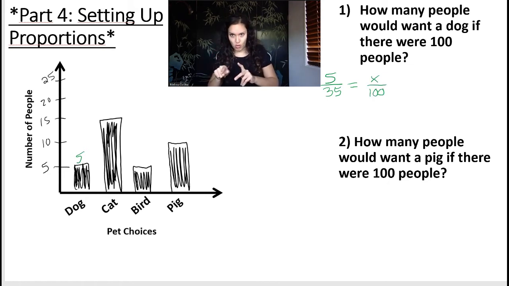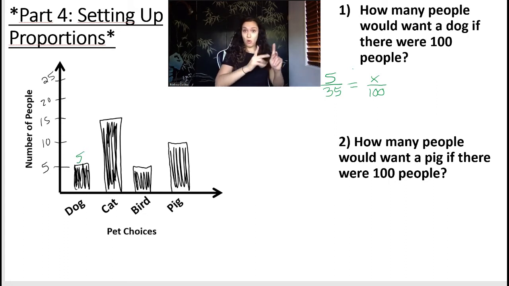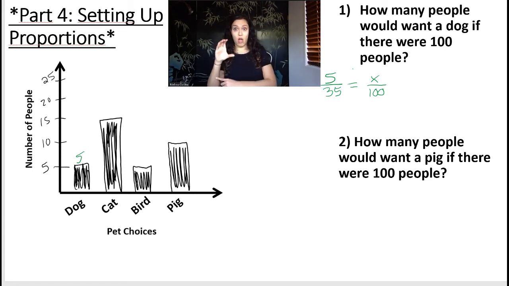If I want to think in terms of units, 5 people want the dog, so how many people would want the dog if there were 100 people? Try thinking of it in terms of units as well. That could help.